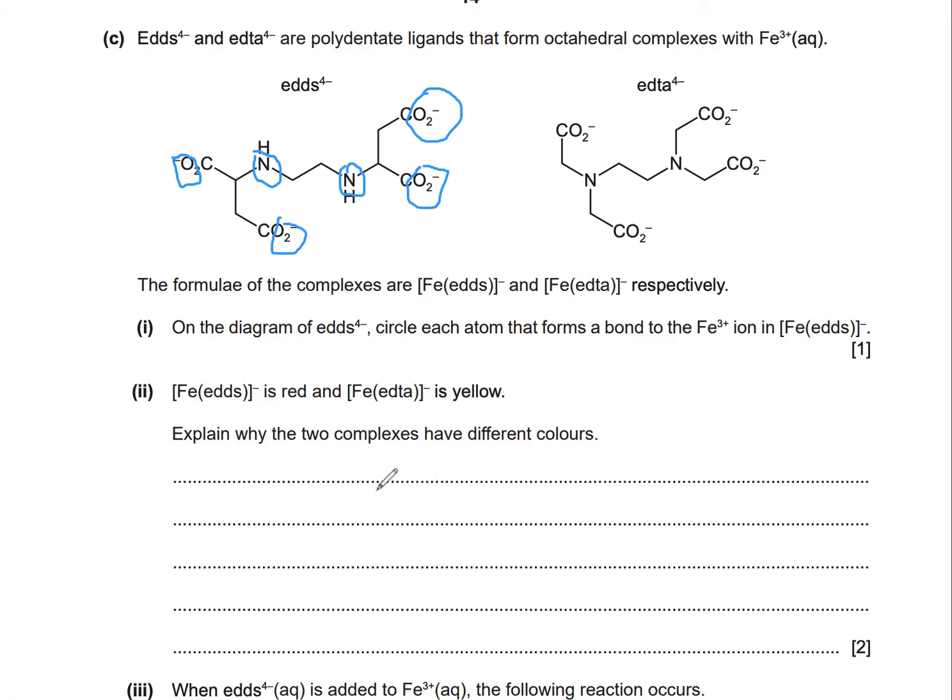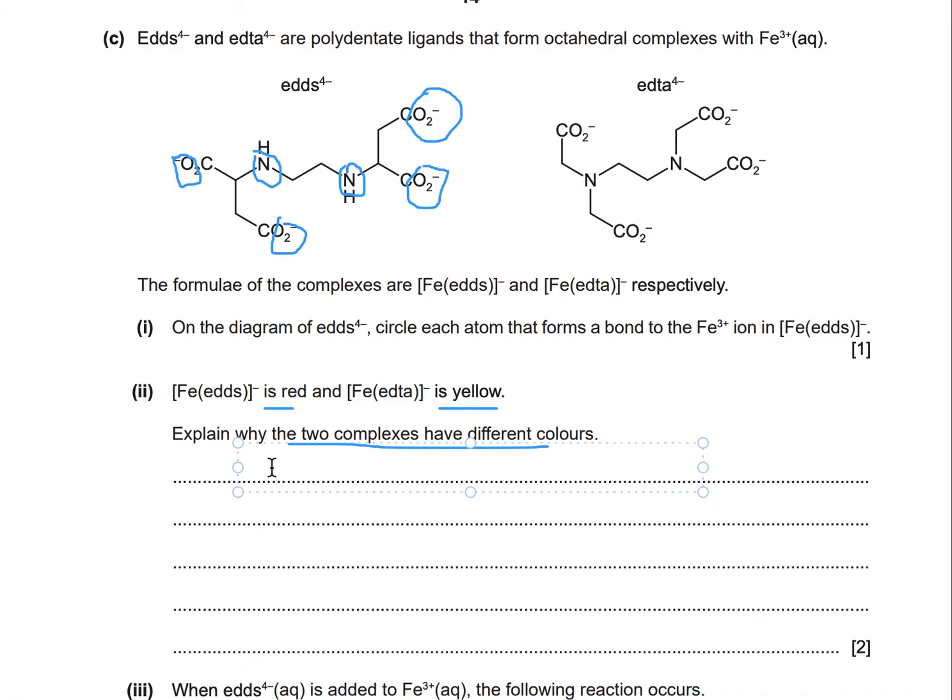Now moving on, it says FeEDTA is red and this is yellow. So we need to explain why they have different colors. Now this is a very general question and we need to answer it generally. So why do two complexes have different colors?